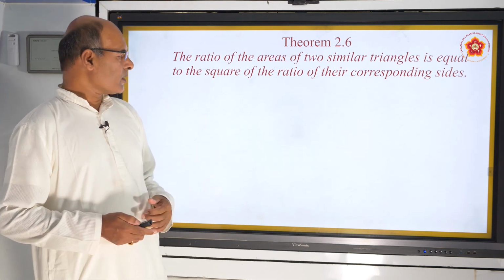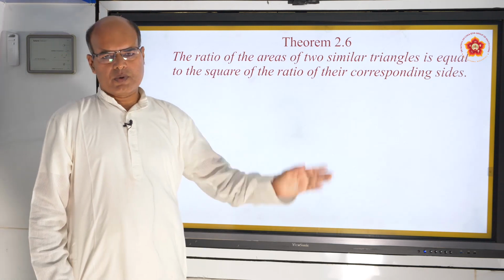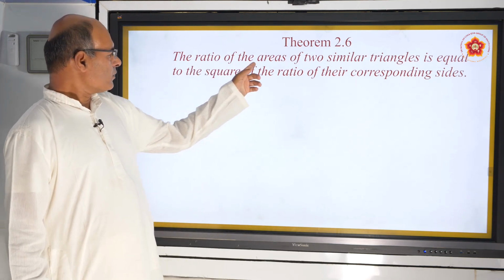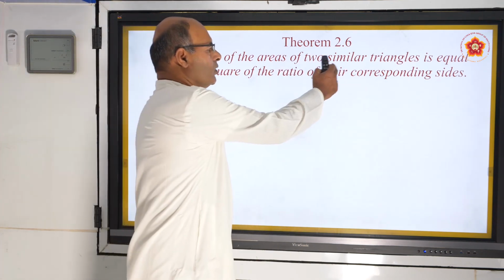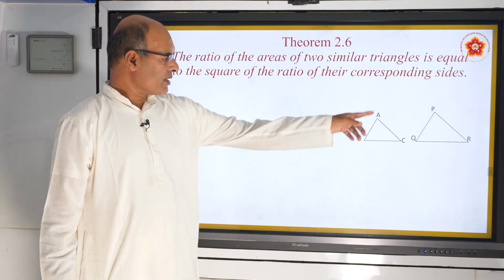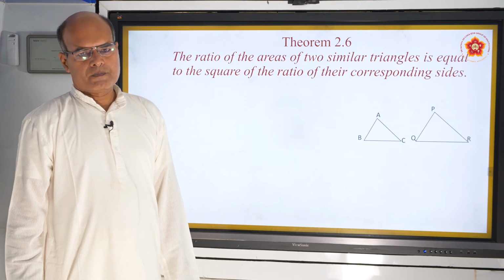So let us prove this theorem. First, the hypothesis: you have to identify which is the hypothesis part and which is the conclusion part. The ratio of the areas of two similar triangles. We have to assume two similar triangles at first. So let ABC and PQR be the similar triangles.